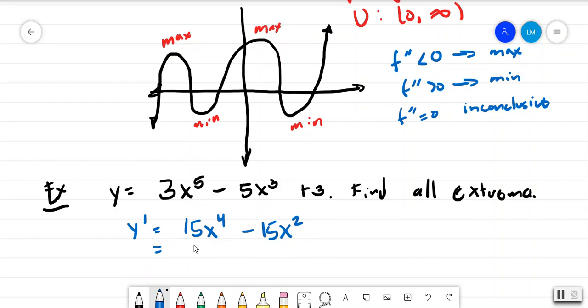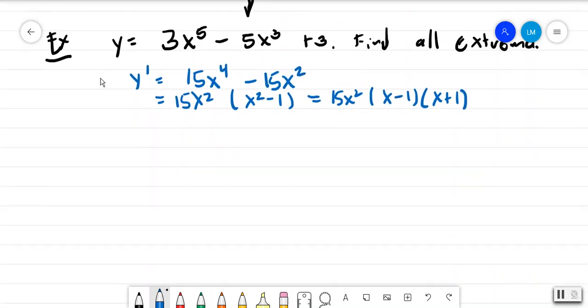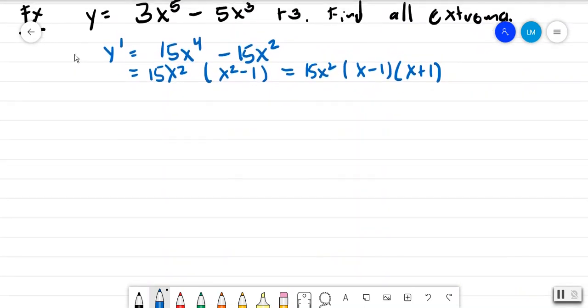Now notice that this gives us 15x squared multiplied by x squared minus 1, which is 15x squared multiplied by x minus 1 multiplied by x plus 1. This is telling us that we have 3 extrema, possibly. So the critical points are 0, -1, and 1.